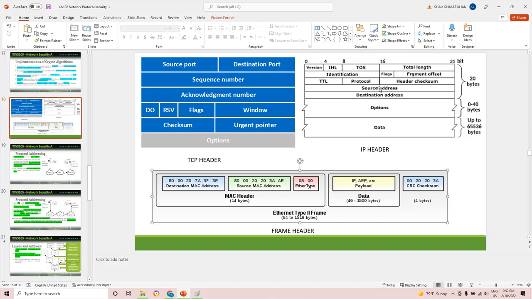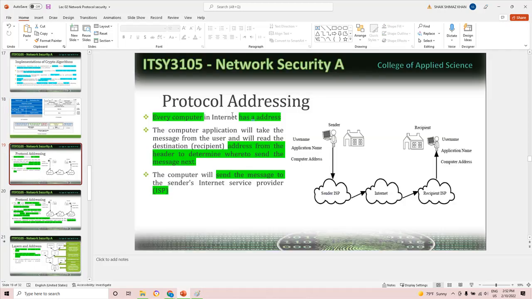They are available in the IP header. The TCP header has many fields, but the important two fields are source port number and destination port number. And the important fields in the frame header are source MAC address and destination MAC address. So these are the addresses about which we are discussing. Clear?